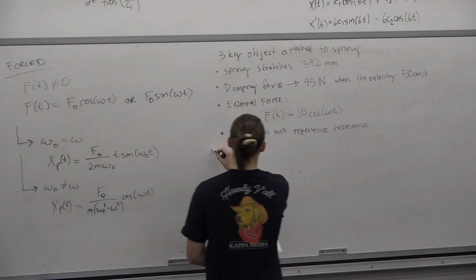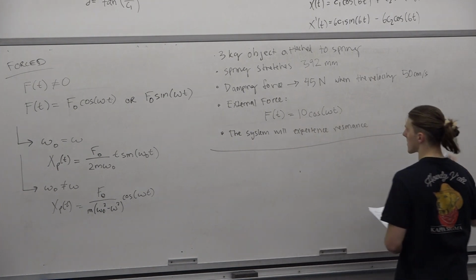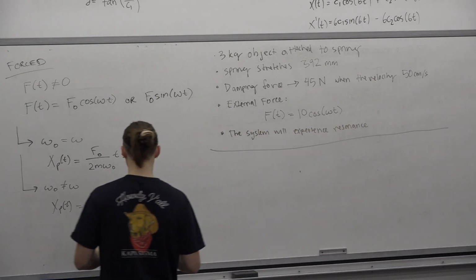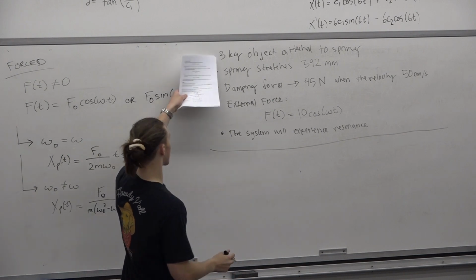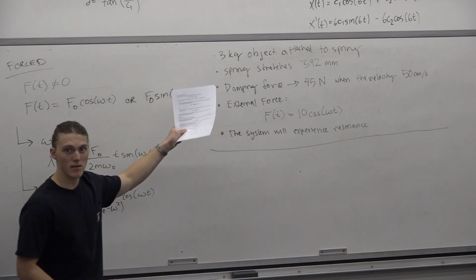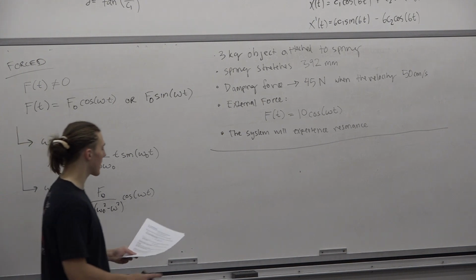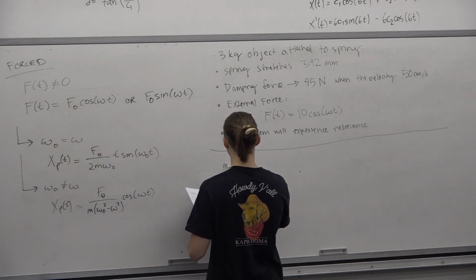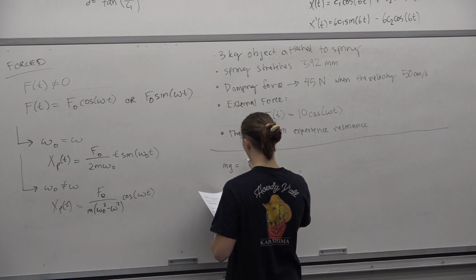But let's start tackling this problem. The first thing to do is realize this is in kilograms, which is mass. So we don't have to solve for mass like we did last time, but we do have to solve for the spring constant.